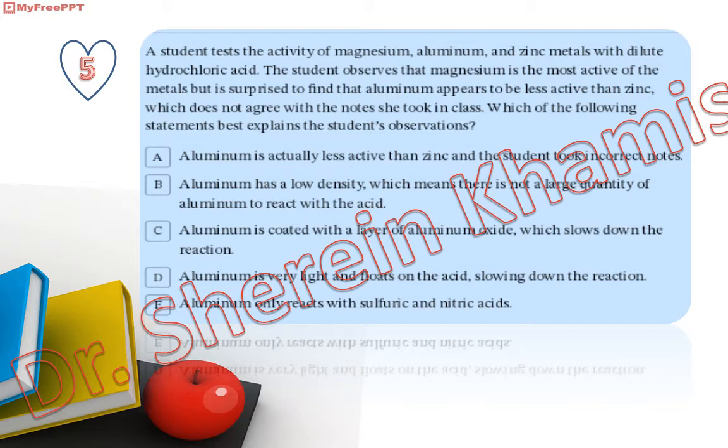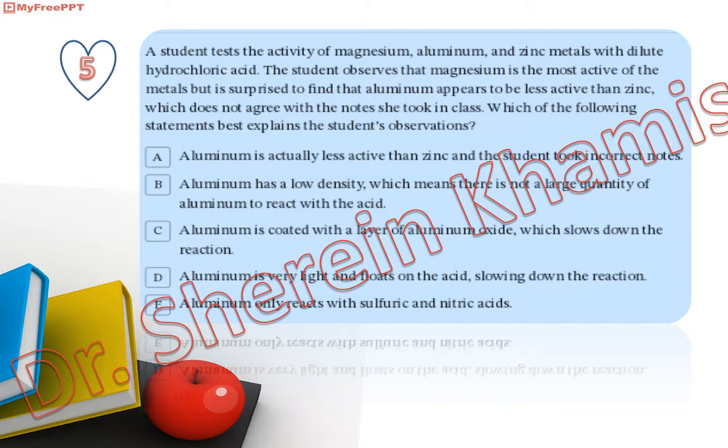We have one reason that makes aluminium delay in the reaction. Aluminium is less active here as it delays the reaction, because it reacts with oxygen, forming a layer of aluminium oxide. Then this layer must be removed before the reaction of aluminium with acid.